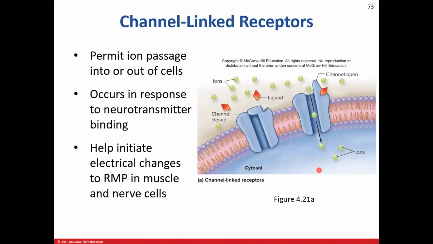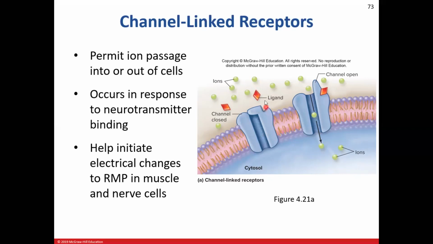Channel link receptors permit the ion passage into or out of the cells, okay? And so you'll notice over here that we have this channel link receptor. We have these ligands that come in and bind to the channel. Note that the channel is very specific to a specific ligand.